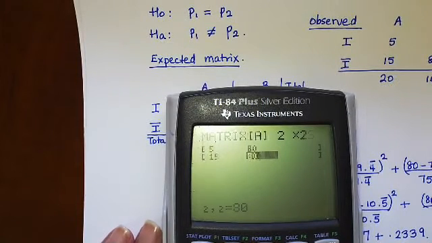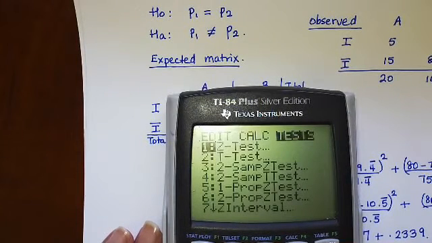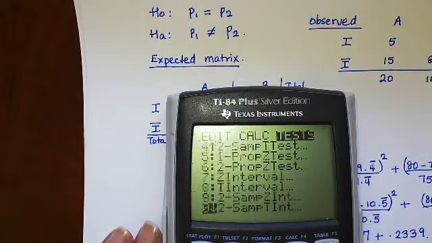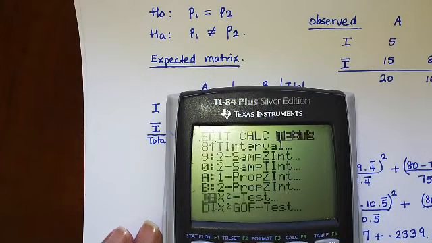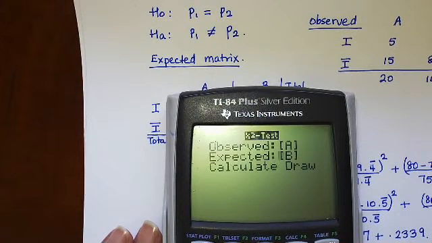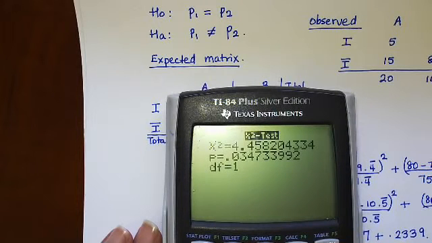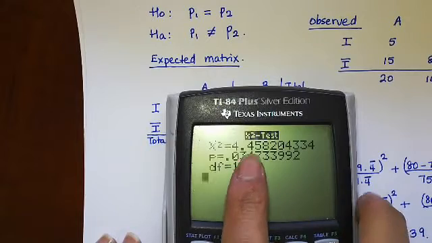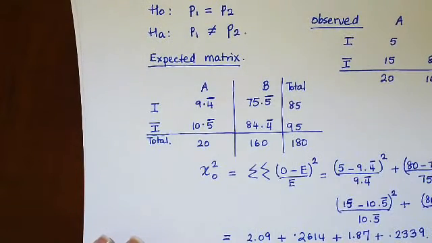So that would be 5, 80, 15, 80. Stat, test, chi-square test. Observed A, expected B, just hit enter both times and then calculate. So this gives me a chi-square test statistic of 4.458 and I got 4.457. So I'm satisfied.